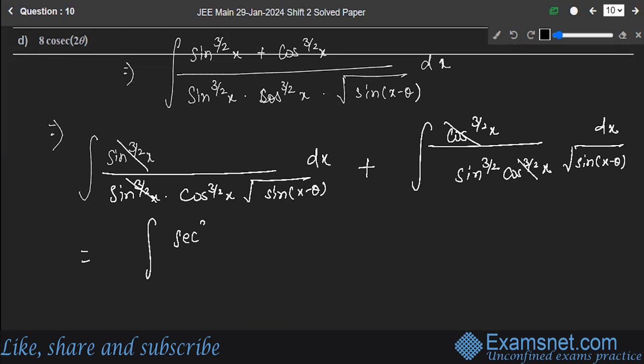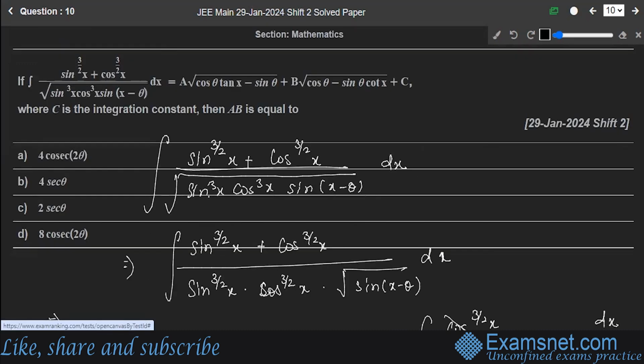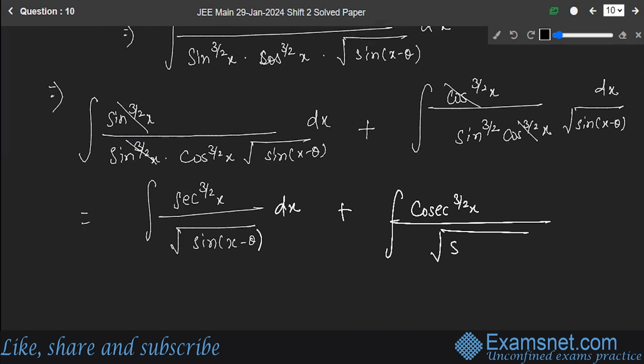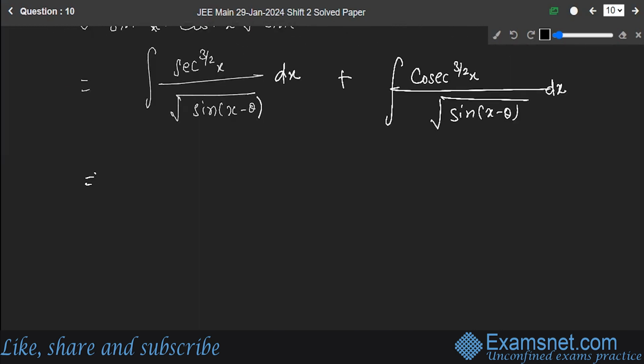This will be given by secant power 3 by 2 x divided by this, dx, plus cosecant power 3 by 2 x divided by root of sine x minus theta dx. Okay. Let's do one thing.